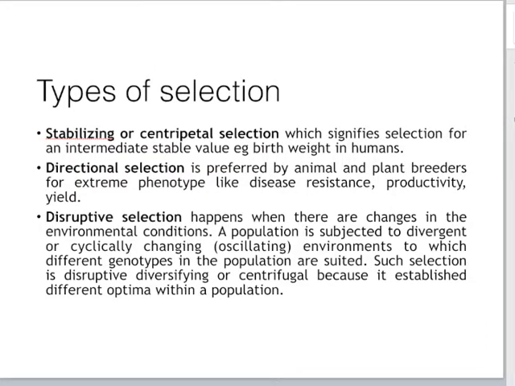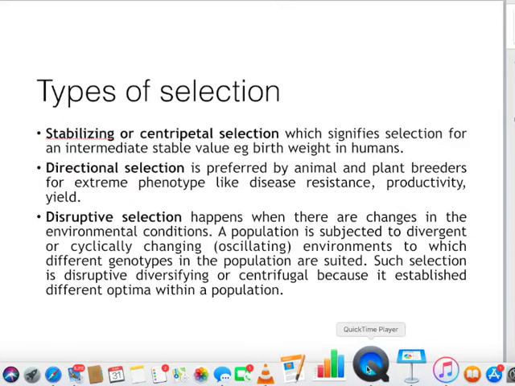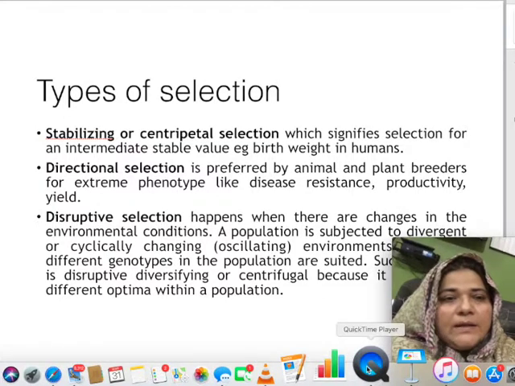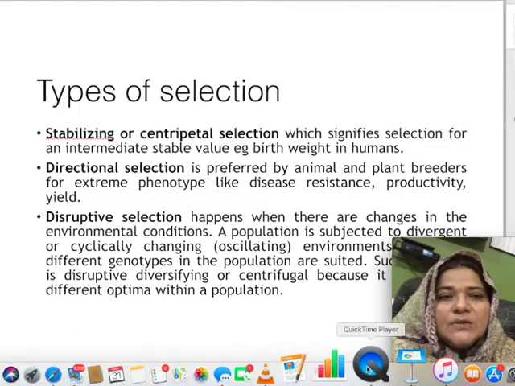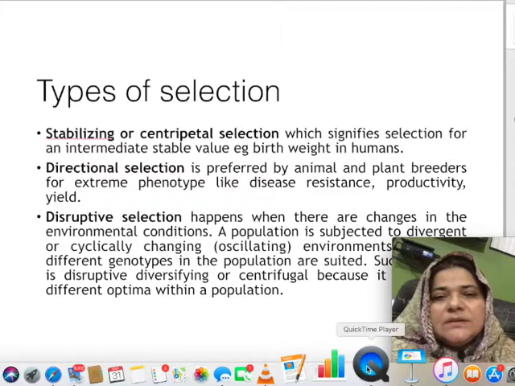Stabilizing selection is also called centripetal selection, and this type of selection is of an intermediate value.